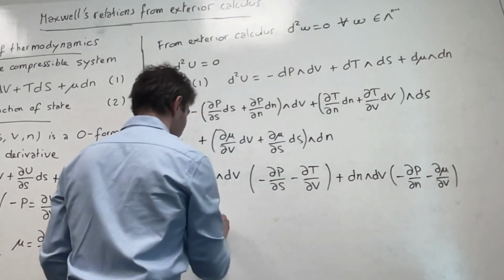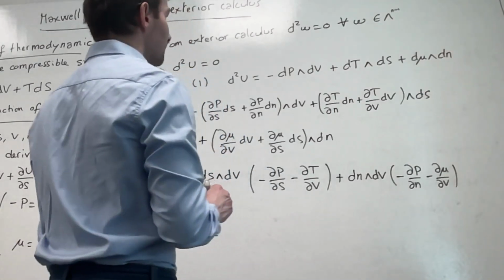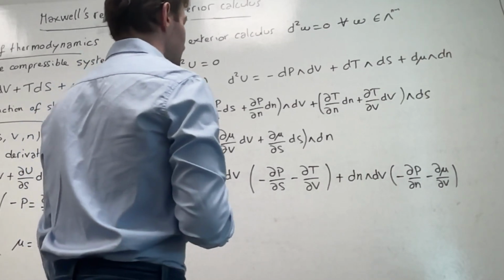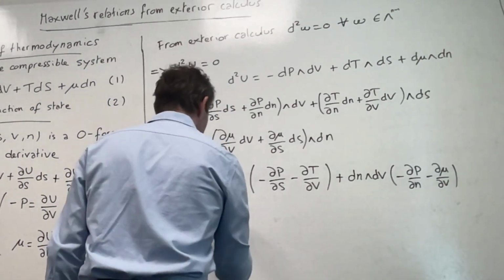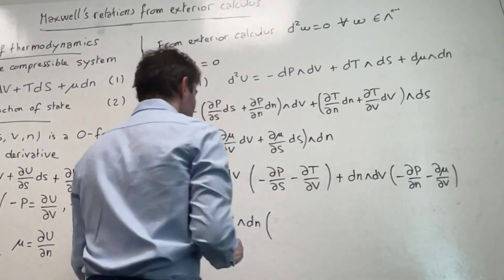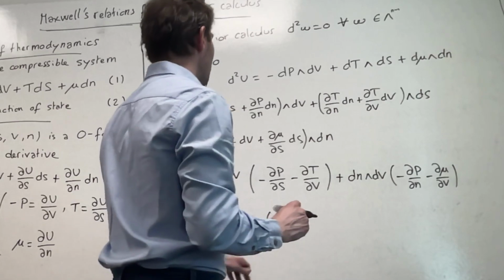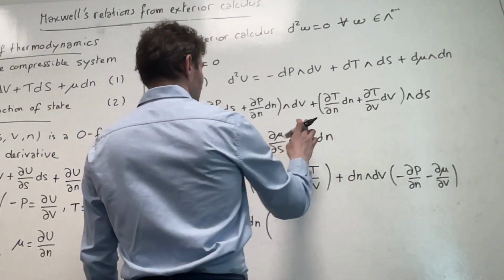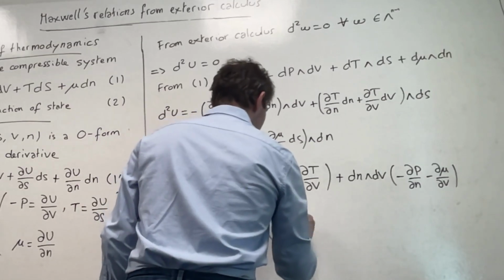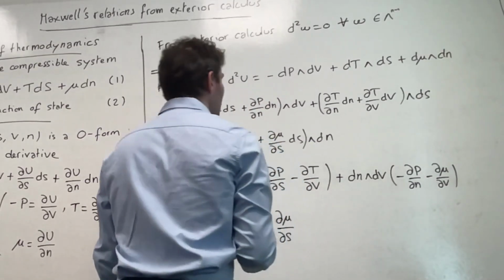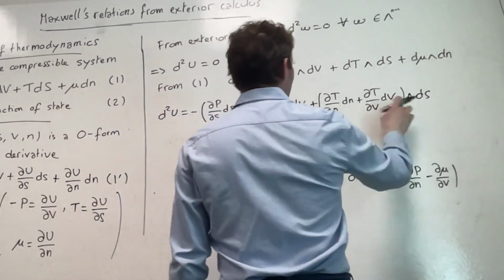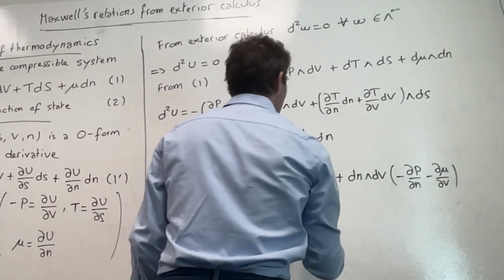And finally, the last one is ds dn, so we've got d mu ds, and here ds plus dt dn.